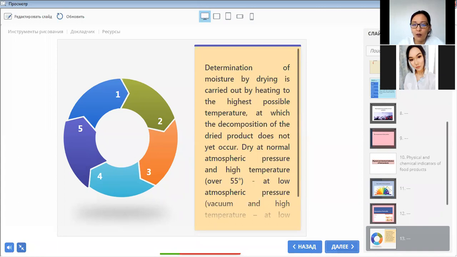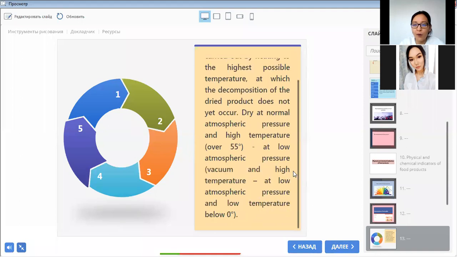Dry at normal atmospheric pressure and high temperature, not over 55 degrees. And at low atmospheric pressure, that is a vacuum, and high temperature, and at low atmospheric temperature, for example, 0 degrees.